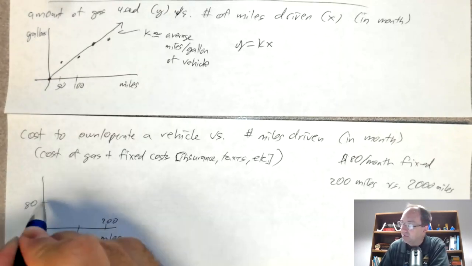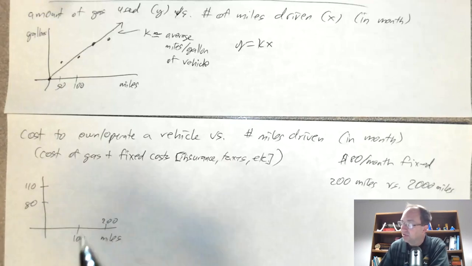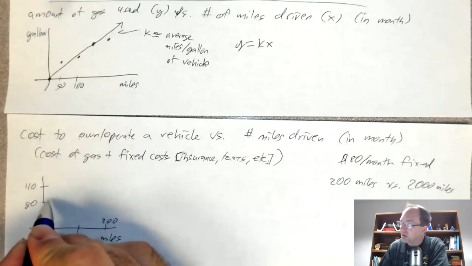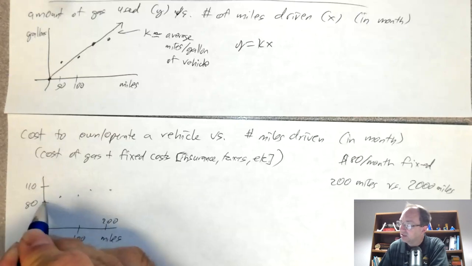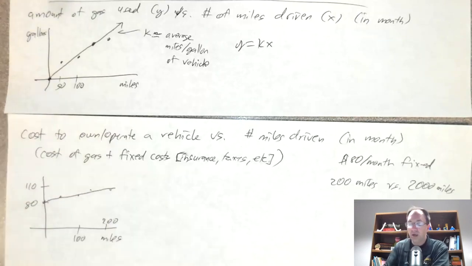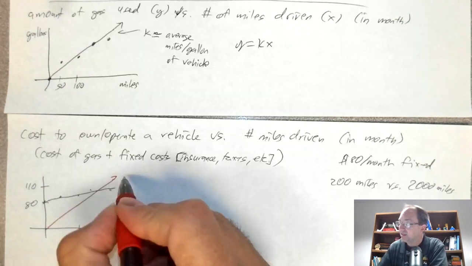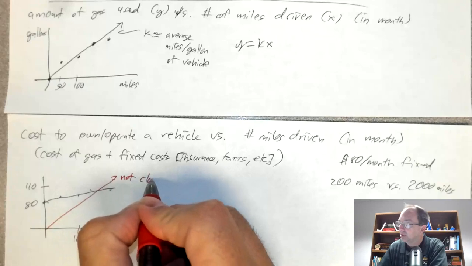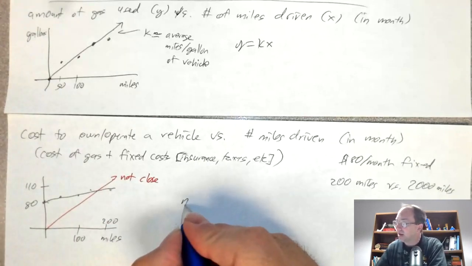So we're going to get a picture that looks, maybe it's somewhere between 100 and 120. So we may be getting a graph that looks like this. And notice proportionality, we can't have an intercept, so a proportionality assumption of this is not close at all. So this is not proportional.